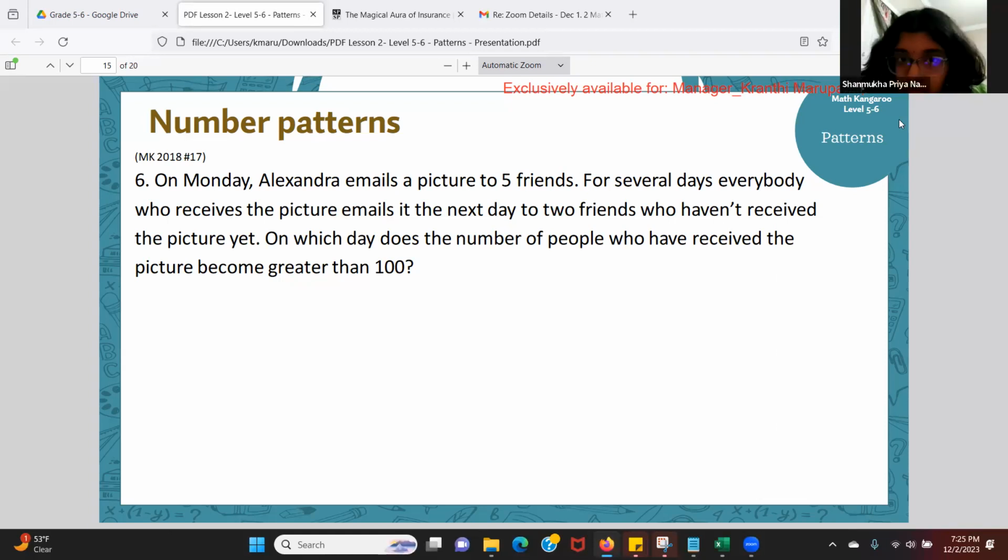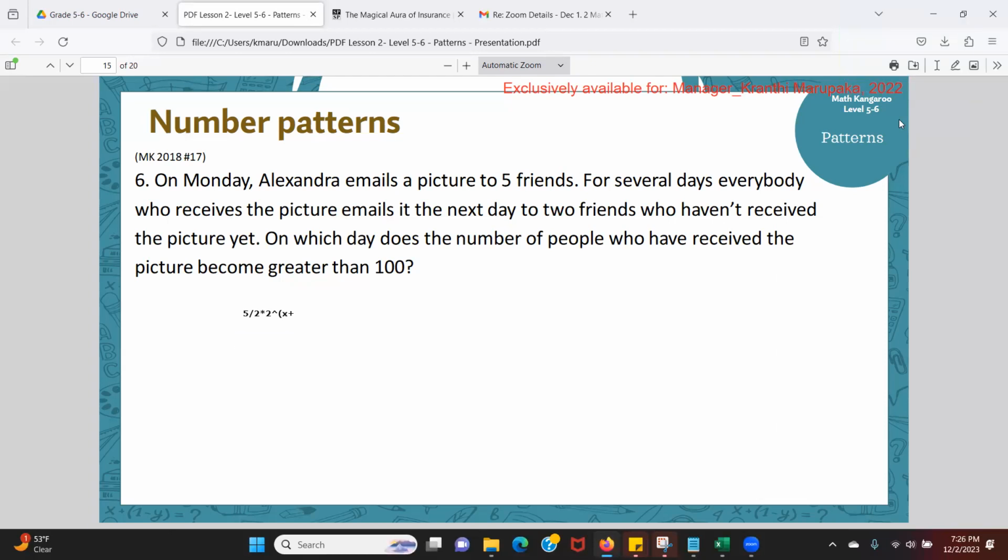It's 5/2 times 2 to the x plus 1, I think. I think I found a way to do it.